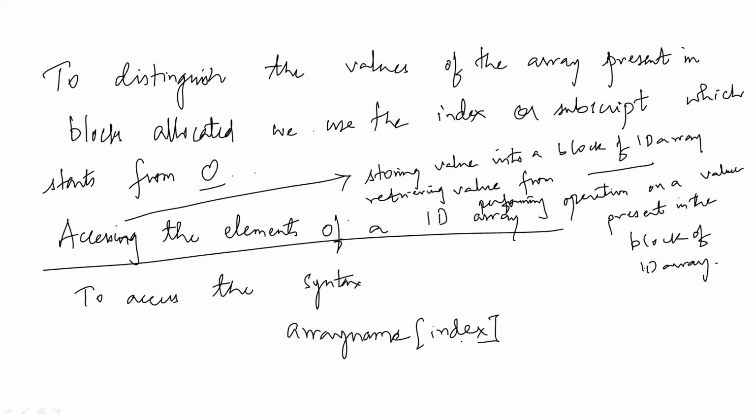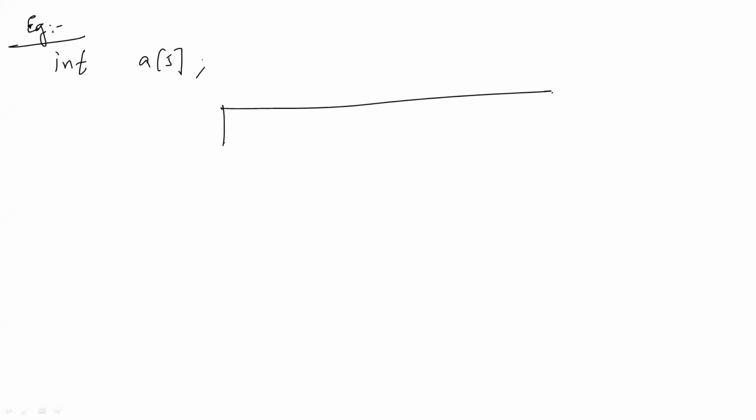Access means maybe I want to store a value, I want to retrieve a value, I want to perform operation on the value. I'm going to do it like this. Now see, sir, our example was like this: int a of 5. Right?